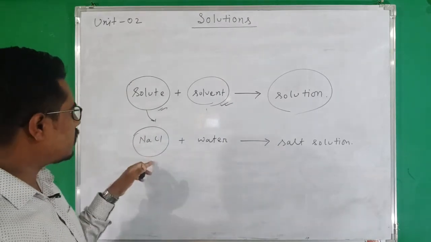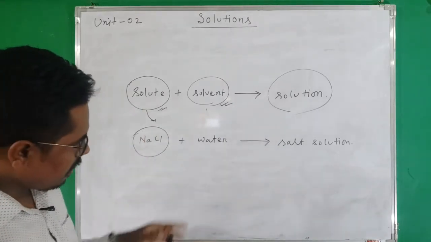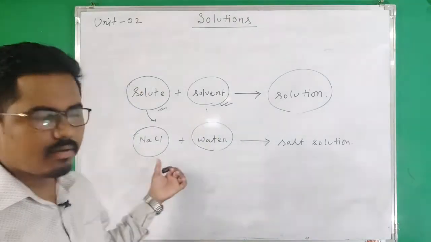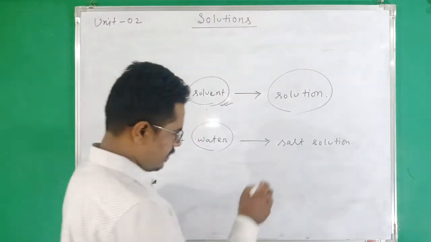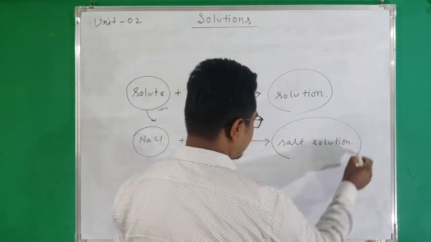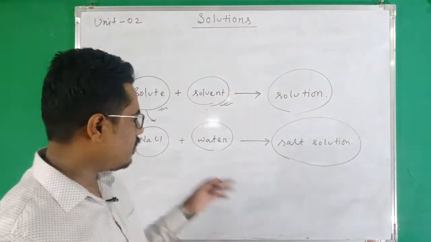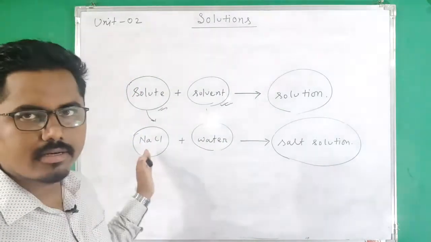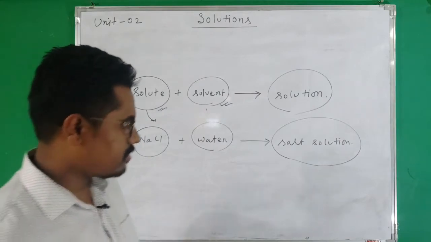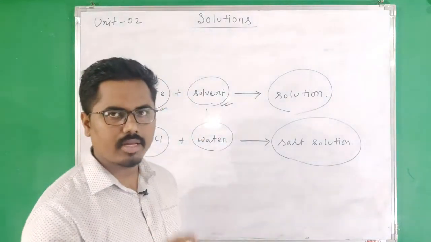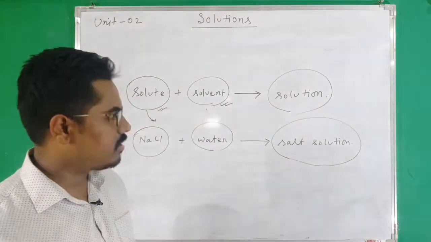So therefore sodium chloride is solute and the water is solvent, because sodium chloride is dissolved in water, and the resultant mixture we get is a homogeneous mixture. You will not find any sodium chloride in the resultant mixture. The sodium chloride will uniformly mix throughout the mixture.